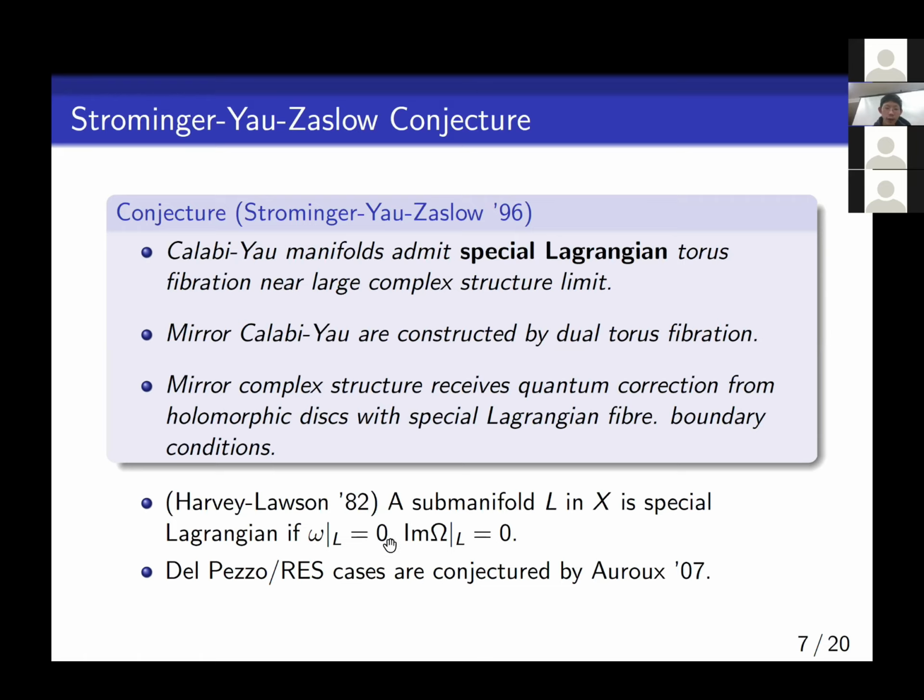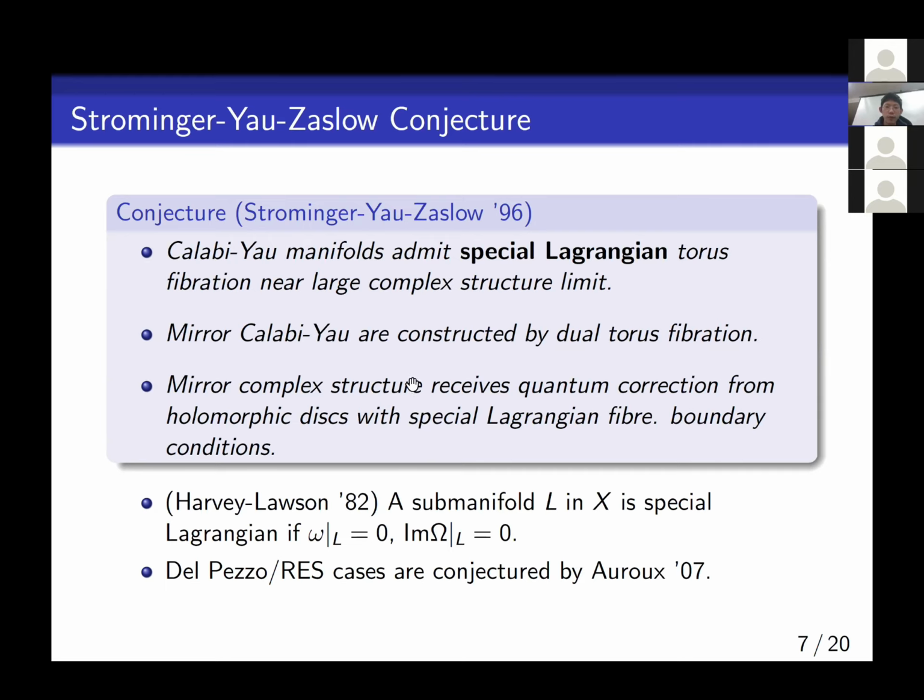And so if you have the first condition, this is what we call Lagrangian. And if you furthermore have this condition, then we call it special Lagrangian. Why is this important? Calabi-Yau manifolds, in various aspects, there are people who want to understand them.